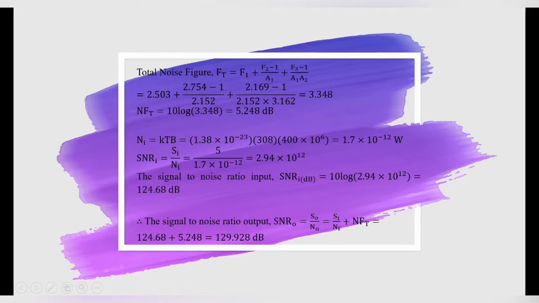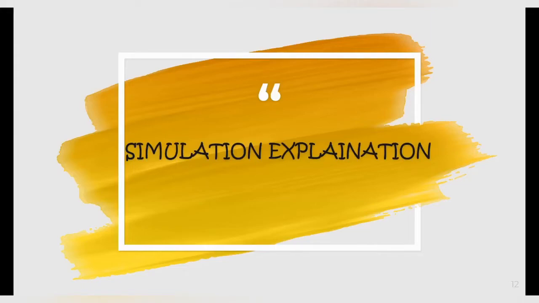Finally, we can calculate the output signal to noise ratio, SNRo, which equals the SNR input plus the NFt, which is this one. So in total we got 129.928 dB. So that is all for the manual calculation, and now we will enter the simulation.